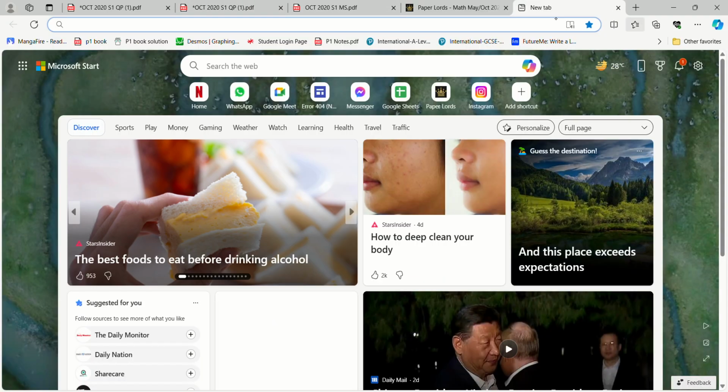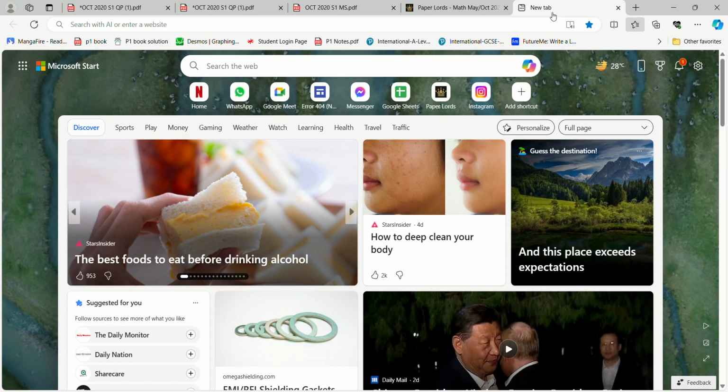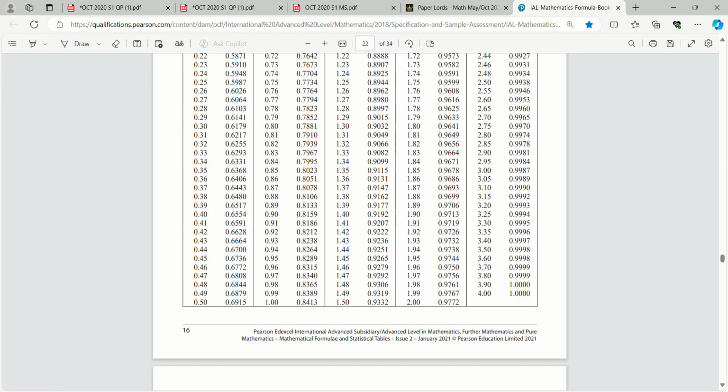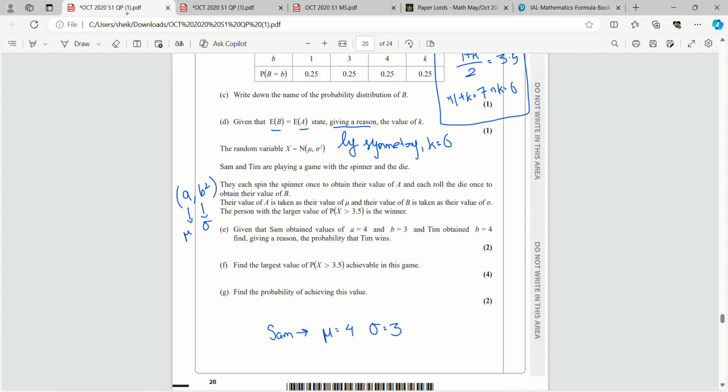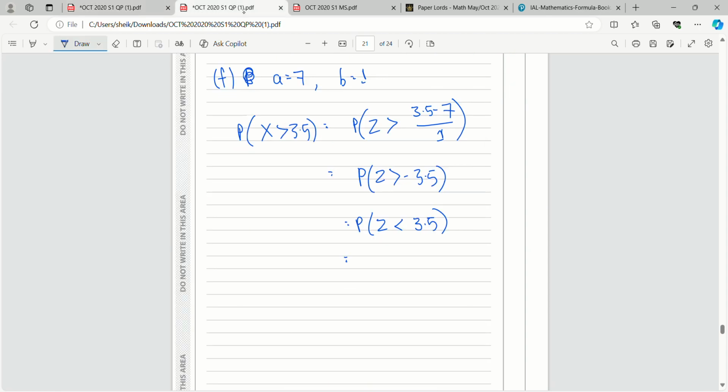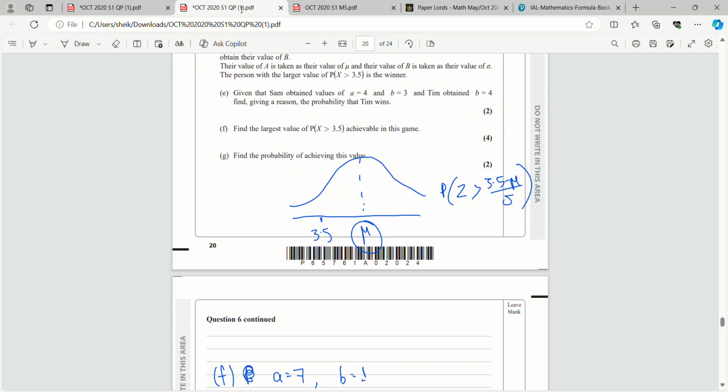Okay, now let's just go to our normal distribution table. Where is 3.5? There, 3.5, 0.9998. So this answer will be 0.9998.